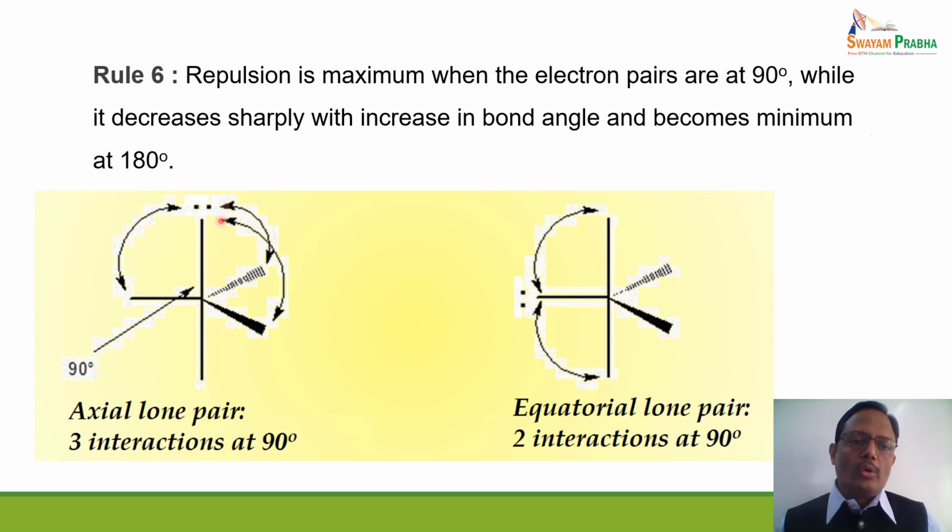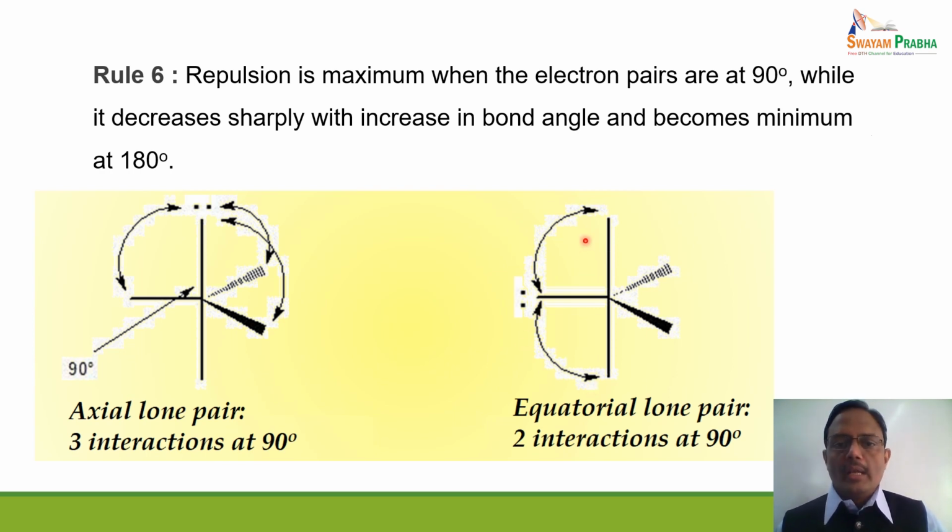Now if there is a lone pair and the lone pair occupies the axial position like this, then there will be 3 repulsive interactions at 90 degrees. But if the lone pair occupies the equatorial position, then there will be only 2 repulsions at 90 degrees.